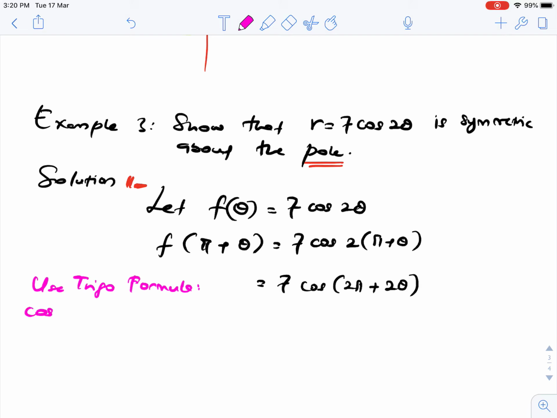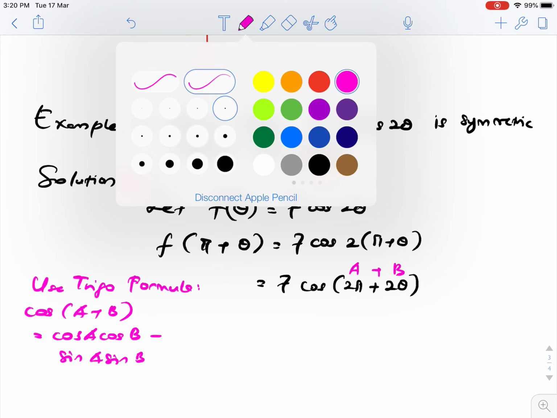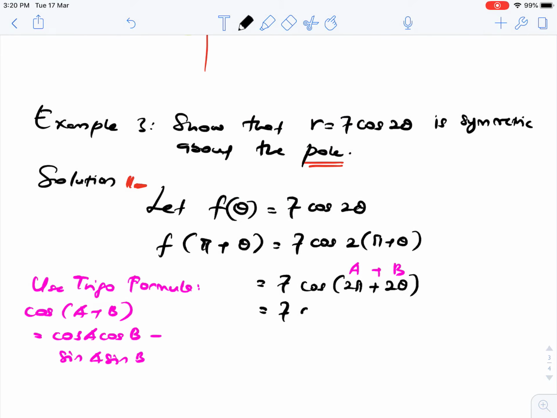So cos(A plus B) is equal to cos A cos B minus sin A sin B. So in this case, 2 pi is our A and 2 theta is B. So we have 7 times cos A cos B, so cos 2 pi cos 2 theta minus sin 2 pi sin 2 theta.